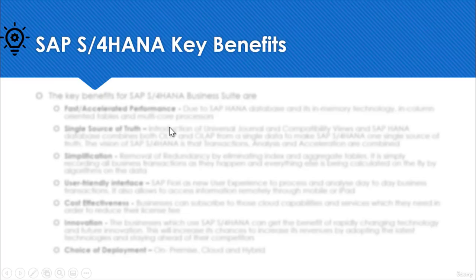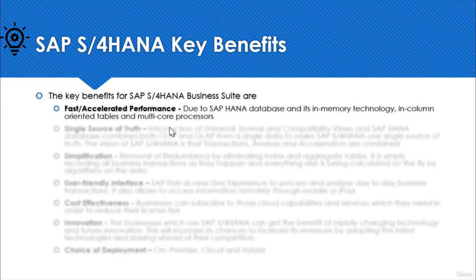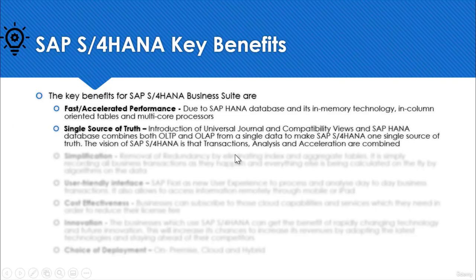So now I will briefly explain the SAP S4HANA key benefits, which we have discussed in our previous slides. The key benefits of SAP S4HANA Business Suite are fast or accelerated performance due to the SAP HANA database and its in-memory technology, column-oriented tables, and multi-core processors.